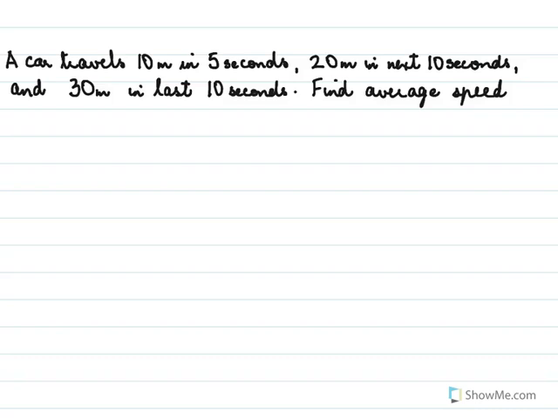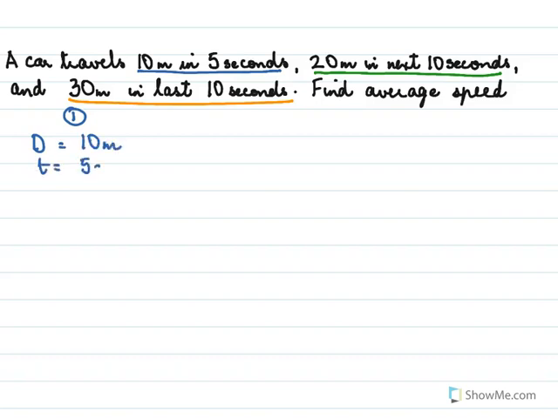A car travels 10 meters in 5 seconds, 20 meters in the next 10 seconds, and 30 meters in the last 10 seconds. Find its average speed. To find the average speed, we have to know total distance over total time. So in the first part, the distance you see is 10 meters and the time is 5 seconds.